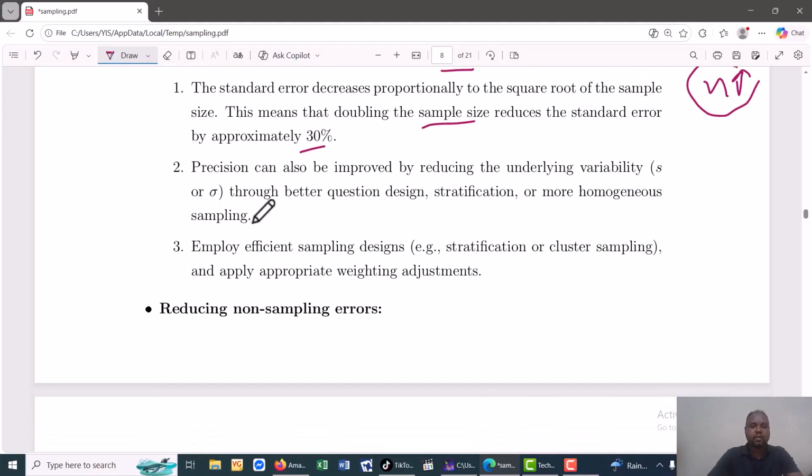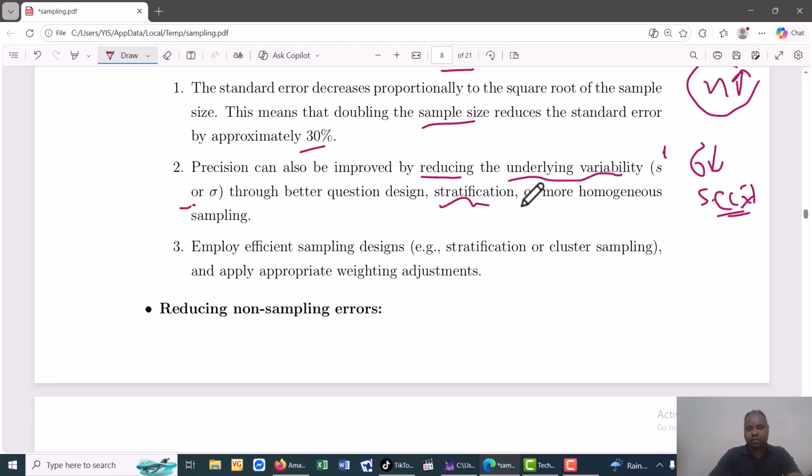The second way of reducing sampling error is by reducing the underlying variability. This variance should be minimum as far as possible, right, to decrease the standard error of the estimate. For example, instead of making use of simple random sampling, it would be better to use stratification, or another sampling method that allows more homogeneity among the sampling units, right?